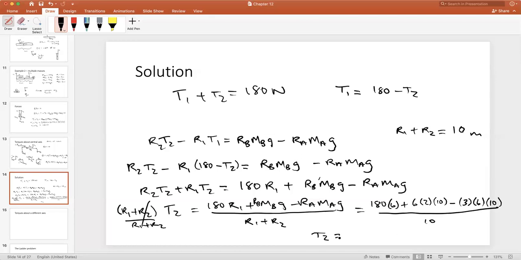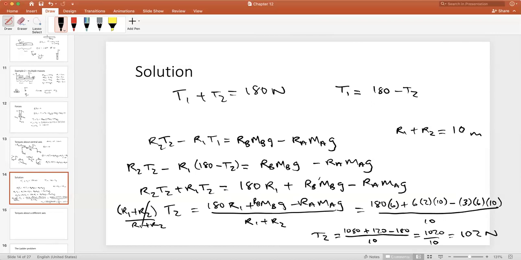So T2 is equal to 6 times 180 plus 6 times 2 times 10, that's 120. This is 1080 plus 120 minus 180 divided by 10. So this is 1200 minus 180, which is 1020 divided by 10, which is 102 newtons.